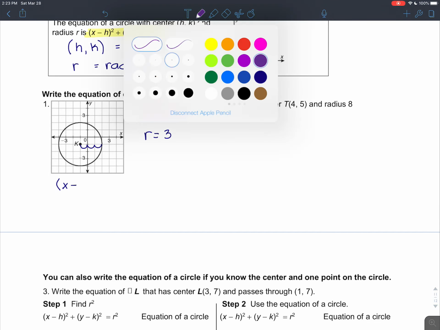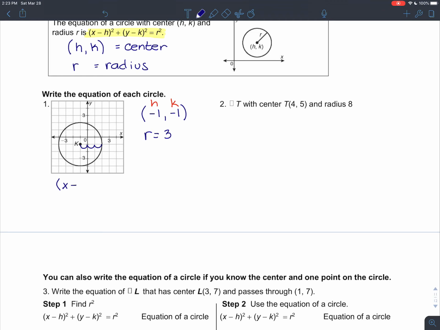So if we do x minus -1, that actually means that we are adding 1. Minus a negative makes a positive. Squared, plus y minus -1, which means we're adding, equals r squared, which you can actually go ahead and write as 9.